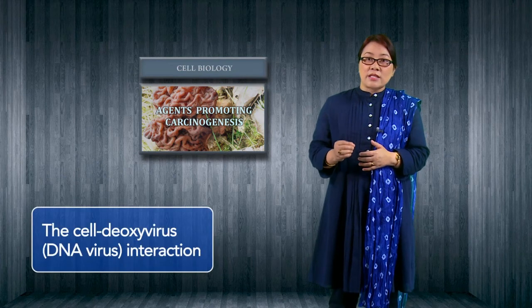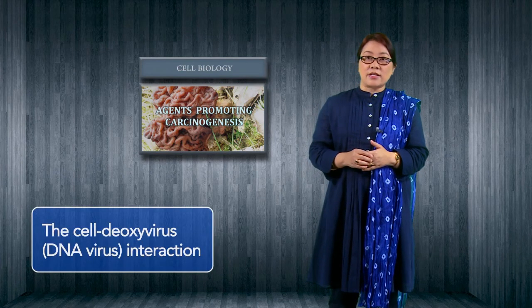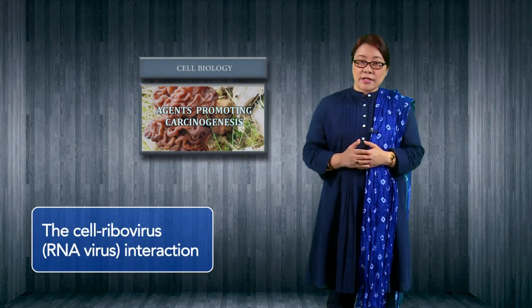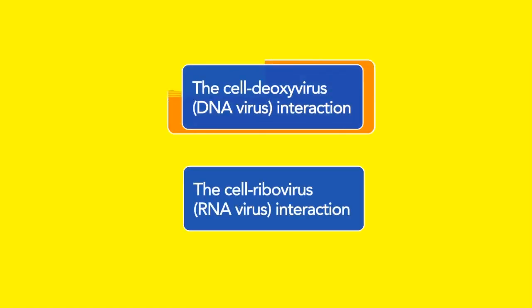The mechanisms of viral oncogenesis are of two types: the cell deoxyvirus or DNA virus interaction and the cell retrovirus or RNA virus interaction. First, let us take up the cell deoxyvirus or DNA virus interaction. This type of interaction is carried out by DNA virus or deoxyvirus.